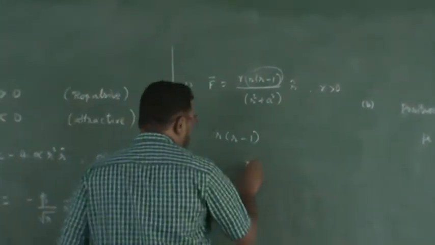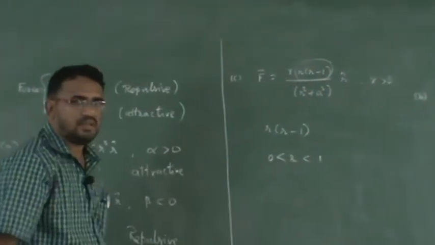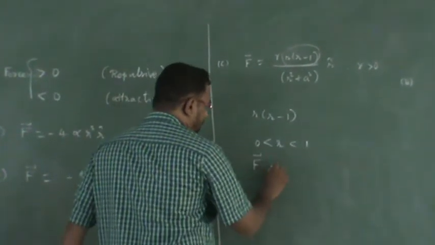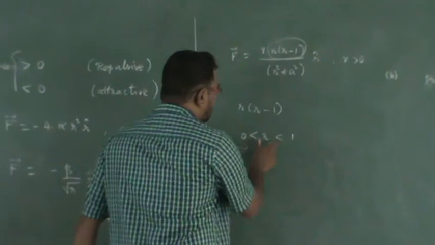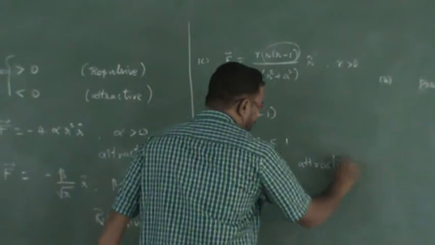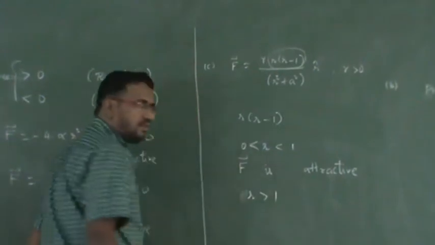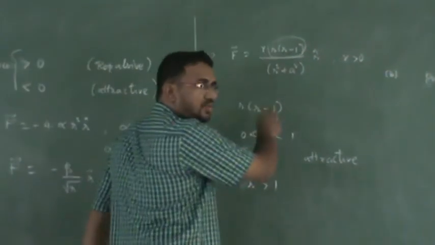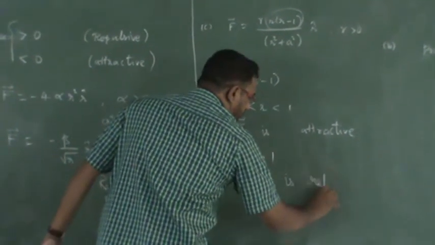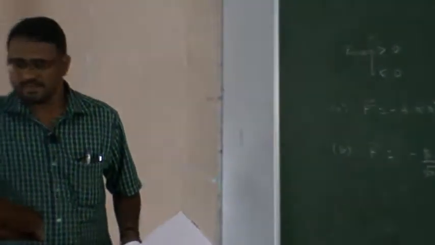If r lies between 0 and 1, then this is negative. In that case, if F is negative, this is attractive. For r greater than 1, this becomes positive. This implies F is repulsive.